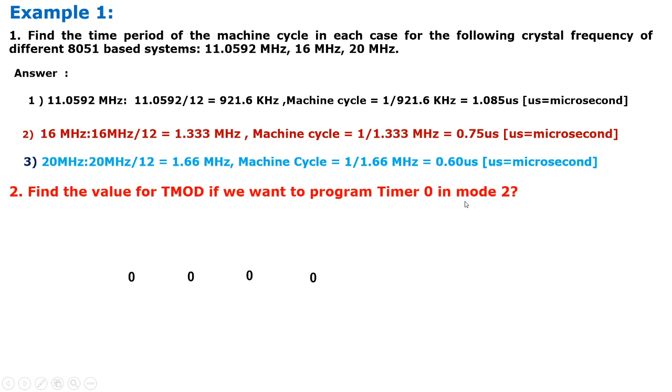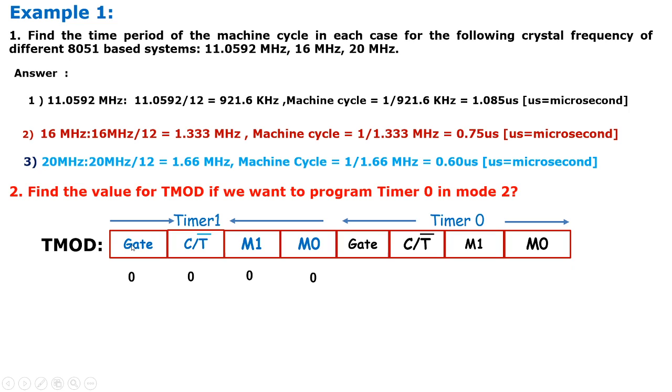So timer 0 works in mode 2, that is 8-bit auto reload mode. For that, the TMOD register will be like this. The upper bits are reserved for timer 1. We have to use timer 0, so all those bits are 0, 0, 0. The lower 4 bits are reserved for timer 0.